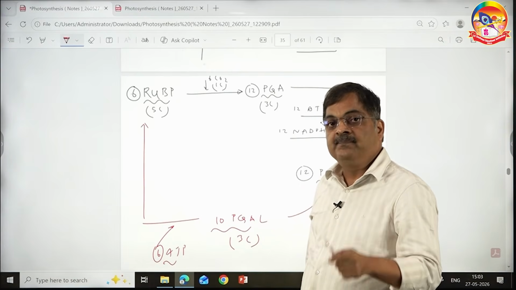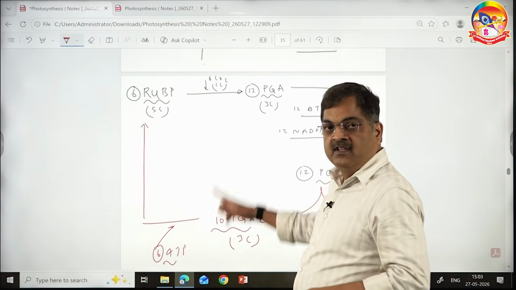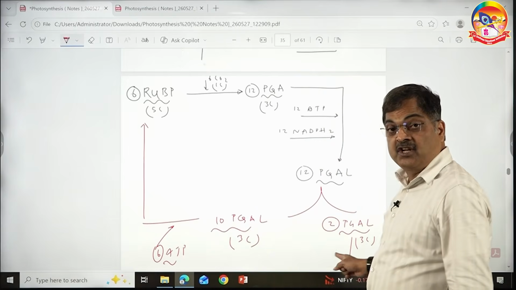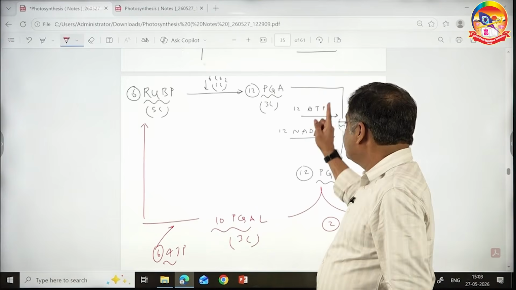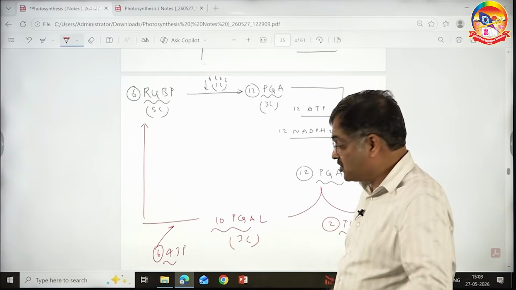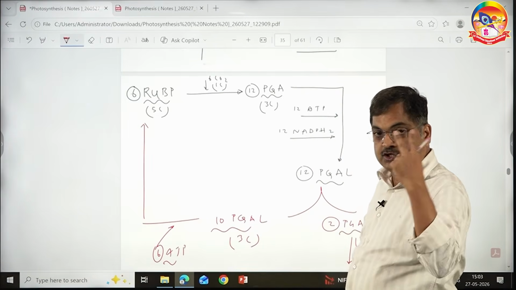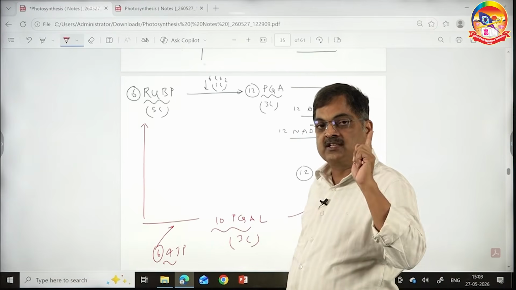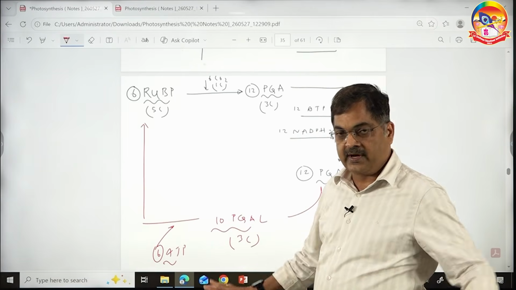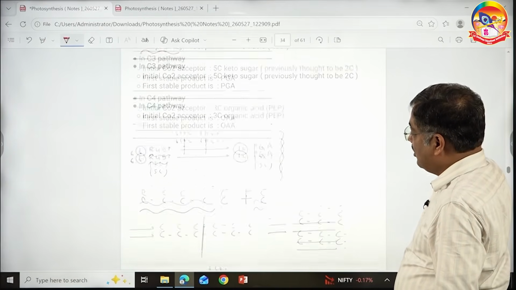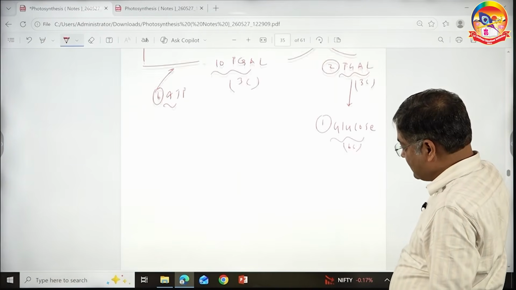For 1 Calvin cycle, or for 1 CO2, we require 3 ATP and 2 NADPH2. In the reduction phase, number of ATP, 12, and in the regeneration phase, 6. For 1 CO2, in the reduction phase, 2, in the regeneration phase, 1. Total 3.